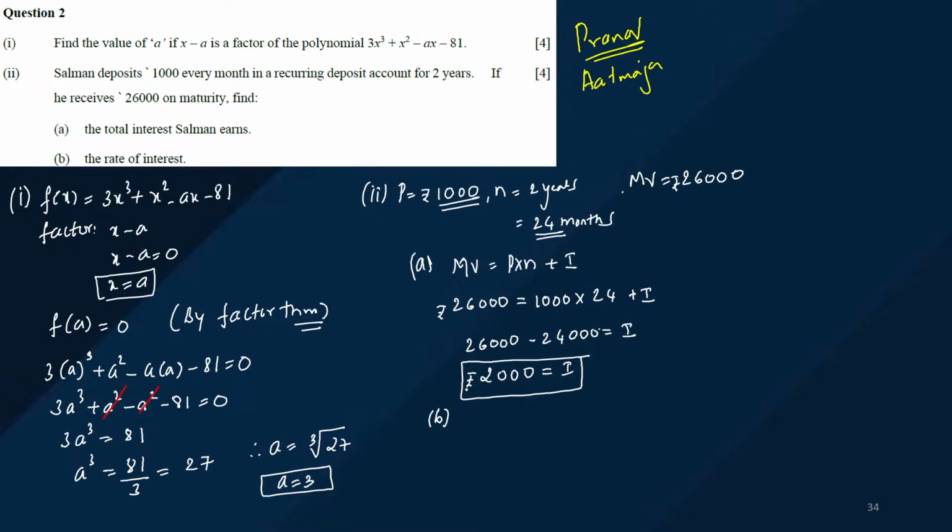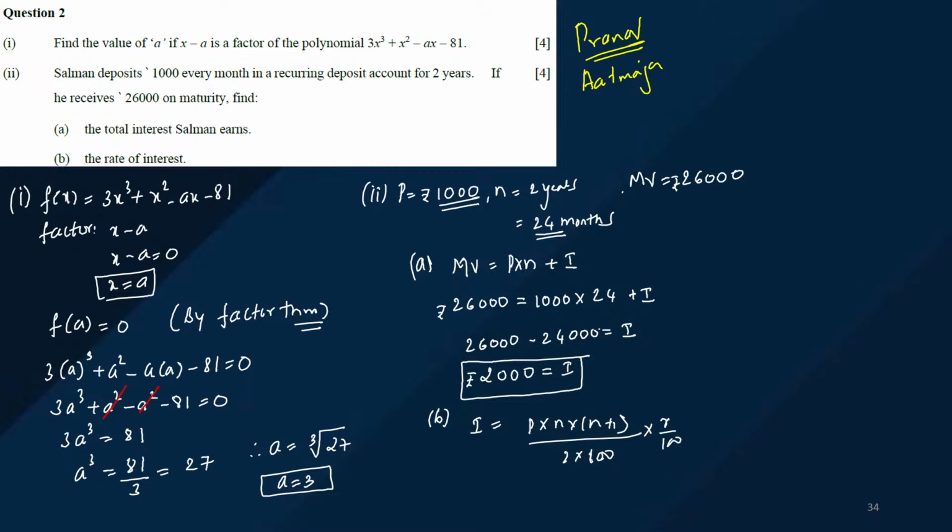So total interest is found. Then the rate of interest you are supposed to find out. Now what is the formula to find the interest, children? Interest is equal to P into N into N plus 1 divided by 2 into 12 into R by 100.